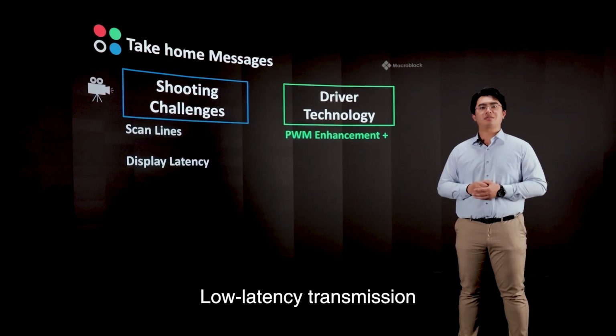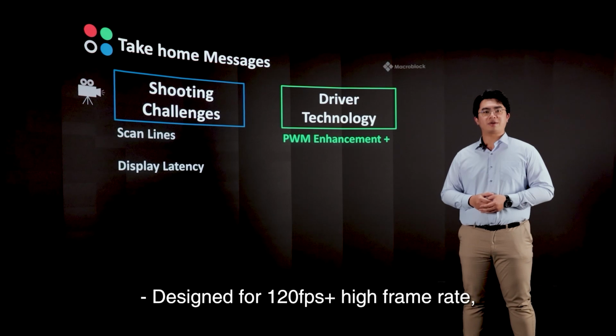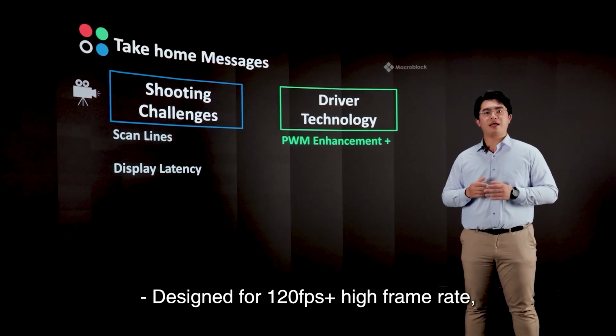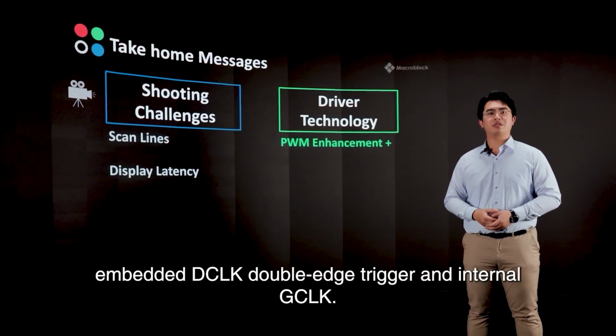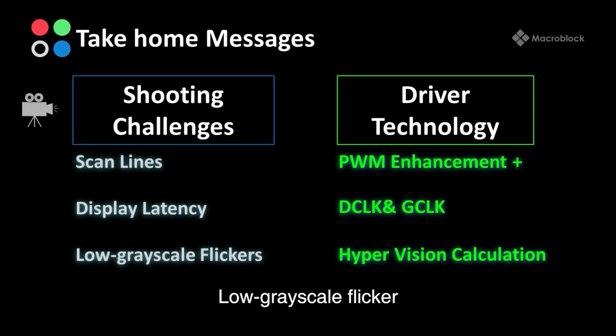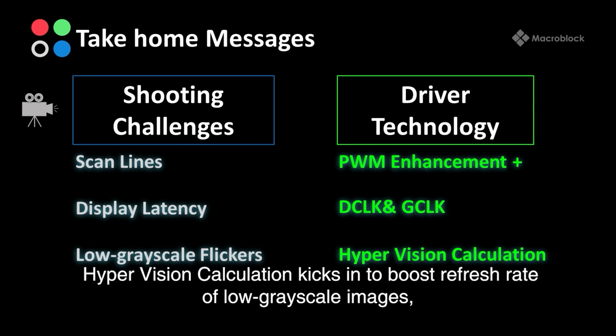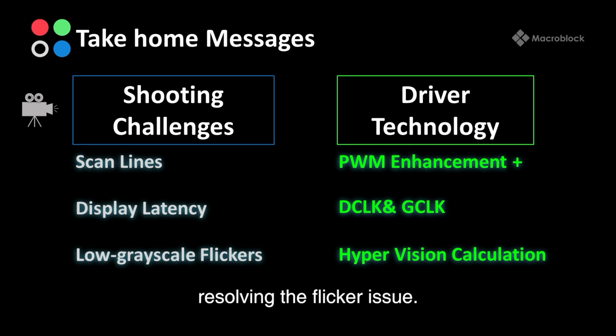Low latency transmission: designed for 120 FPS plus high frame rate, with embedded D-clock double edge trigger and internal G-clock. Low grayscale flickers: while displaying low grayscale images, hypervision calculation kicks in to boost the refresh rate of low grayscale images, resolving the flicker issues.